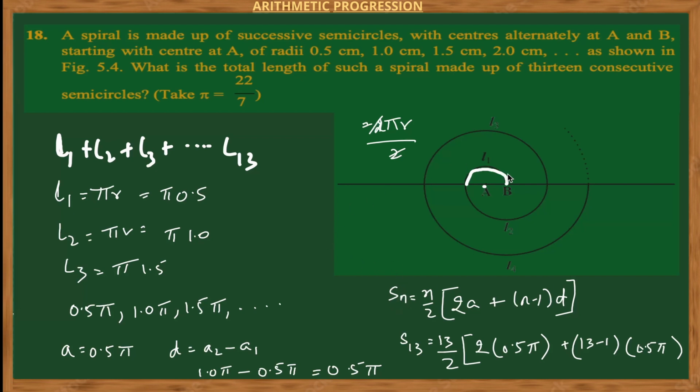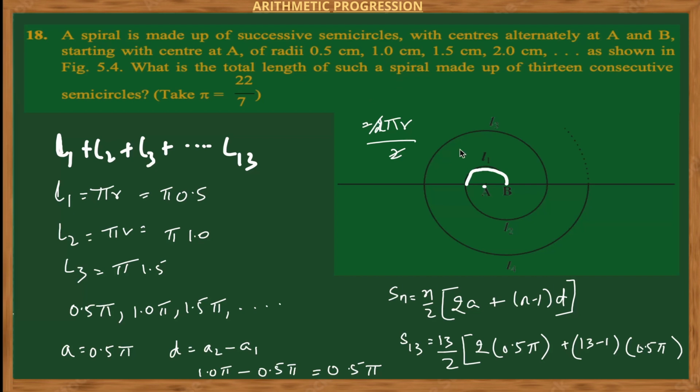What it is actually doing is finding the length, how much length would be required to create this sort of spiral, given that you have a radius of 0.5 centimeter, then successively 1.0 centimeter.